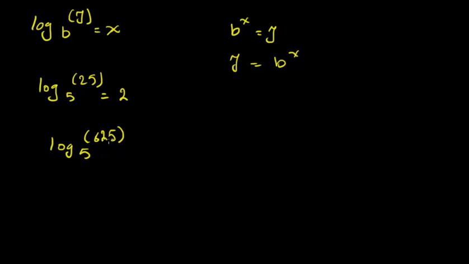That means how many times 5 needs to be multiplied together to get us to 625. Then the answer is 4. And if you write it this way and say 5 to the 4th power and calculate that one, 5 times 5 times 5 times 5, you see the result is 625. So the log is saying how many times 5 is multiplied by itself that gives us 625. Log base 5 of 625 equals 4.